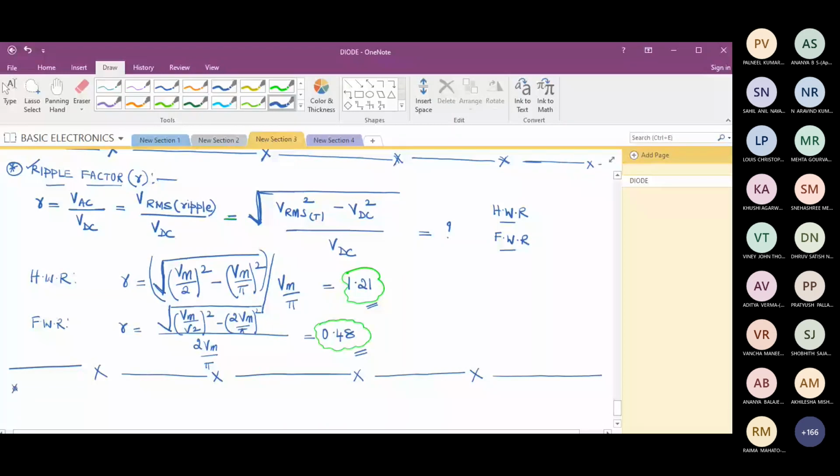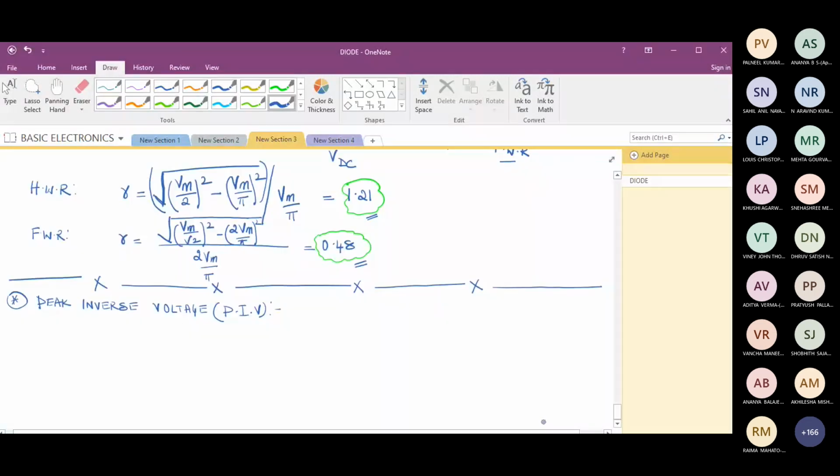We call it peak inverse voltage, or in short, PIV, for rectifier circuit.